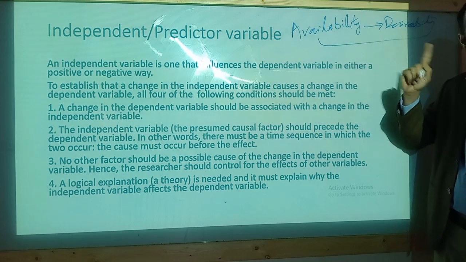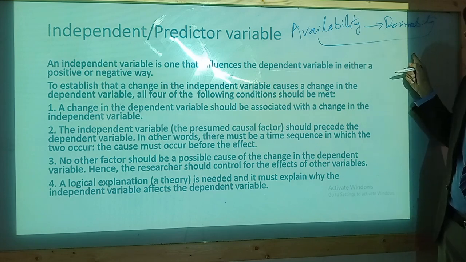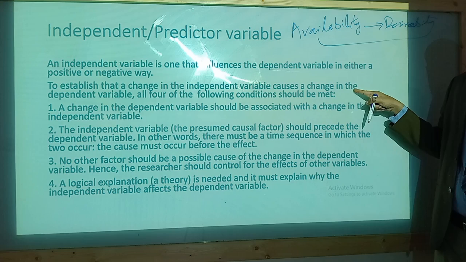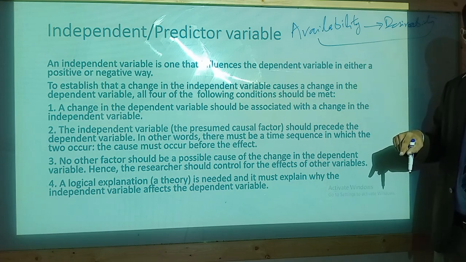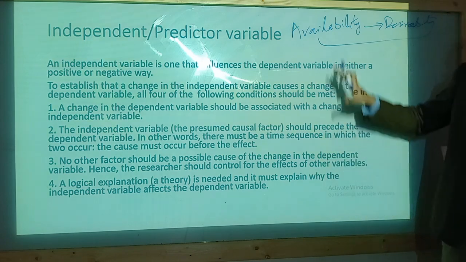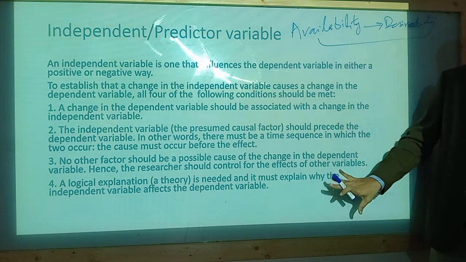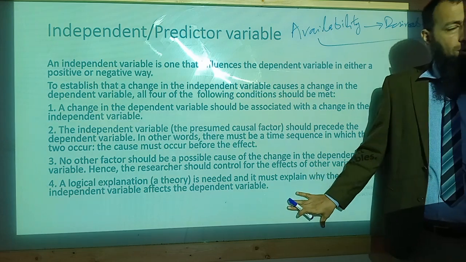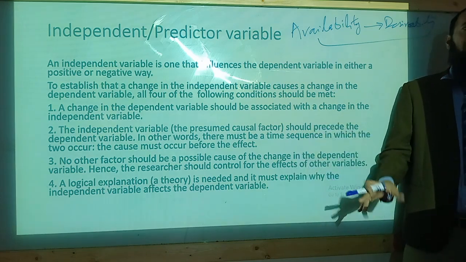So first theory, then the relationship, positive or negative, then develop the hypothesis, then test it. Then you can say either you accept the theory or reject. Anyway, these are the 4 points which are critically important in the true independent-dependent relationship.